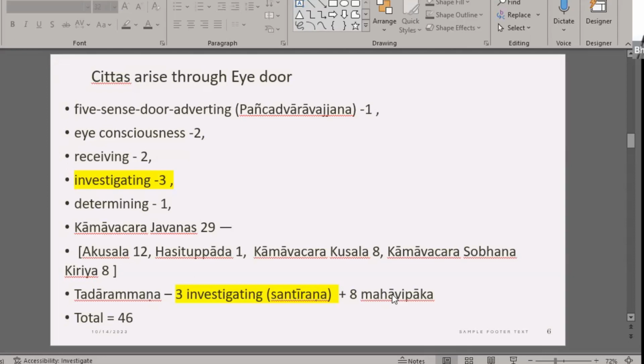For an undesirable object, akusala vipaka eye consciousness, unwholesome resultant, arises. When lobha arises, at that time one of the lobha chittas among the 8 arises. That's how the thought process is going on.